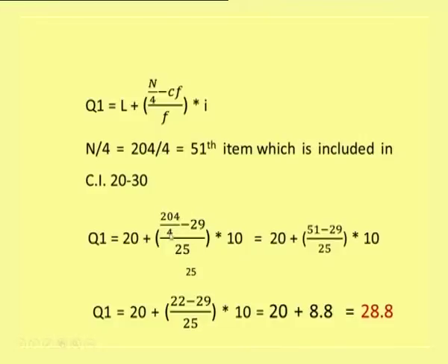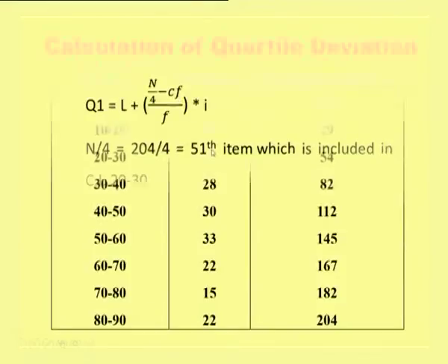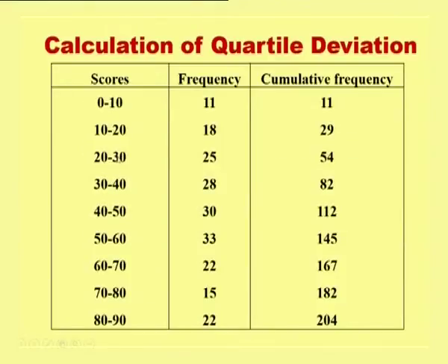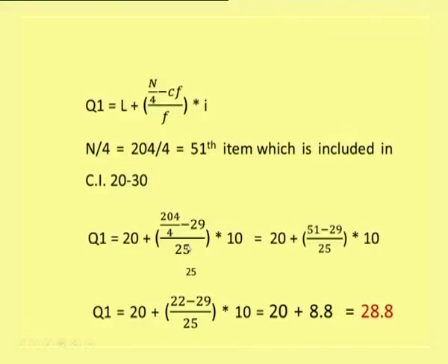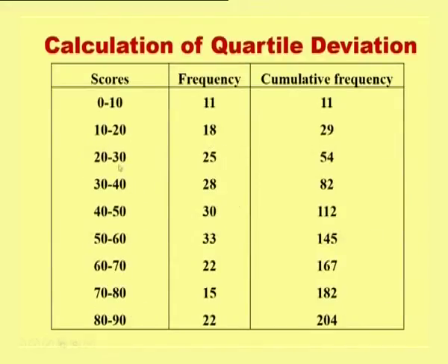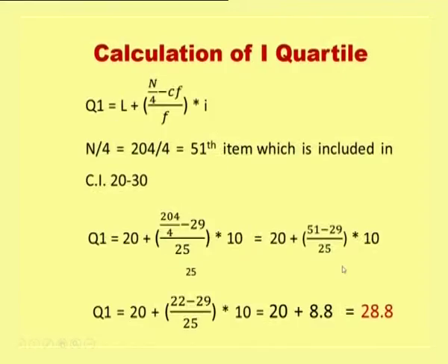Here n by 4 is 204 by 4, minus the cumulative frequency of that particular class. Therefore, Cf is the cumulative frequency of the class preceding the first quartile class, which is equal to 29, divided by the frequency of that particular class, that is 25, and I is the class interval.